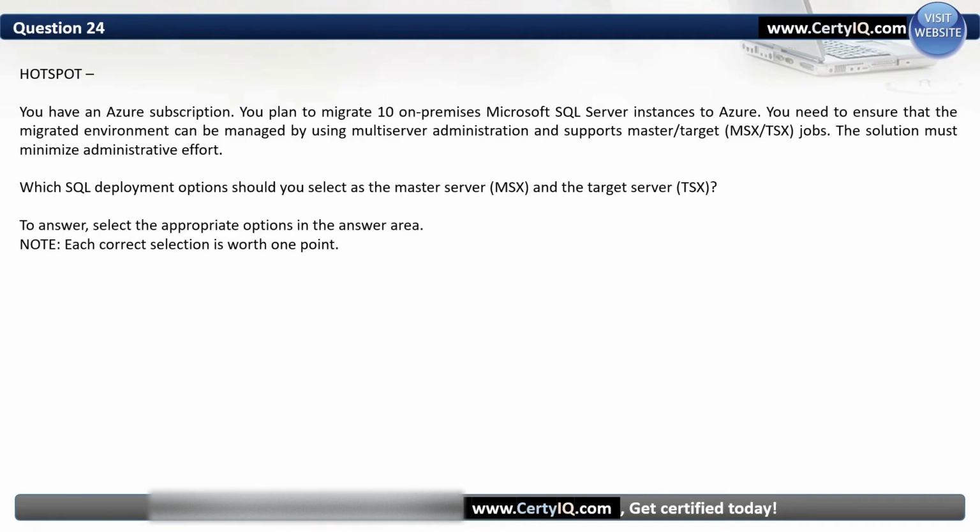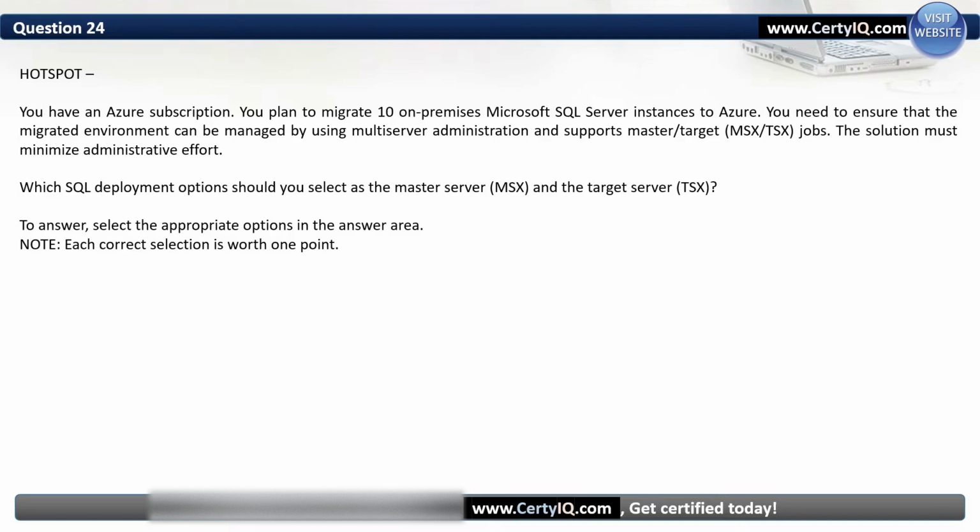Question 24. Hotspot. You have an Azure subscription. You plan to migrate 10 on-premises Microsoft SQL Server instances to Azure. You need to ensure that the migrated environment can be managed by using multi-server administration and supports master/target jobs. The solution must minimize administrative effort. Which SQL deployment options should you select as the master server and the target server?